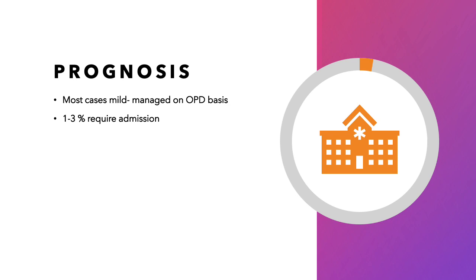About 1 to 3% of children admitted with laryngotracheobronchitis require intubation, and death due to laryngotracheobronchitis is very rare. Only a few case reports of death due to LTB have been reported till now. So, overall most of the cases are mild and if managed well have a very good prognosis.